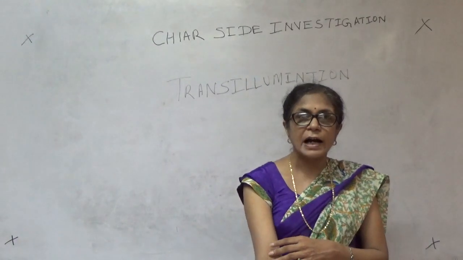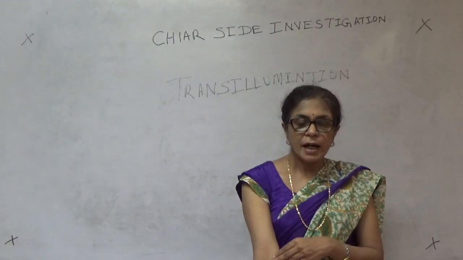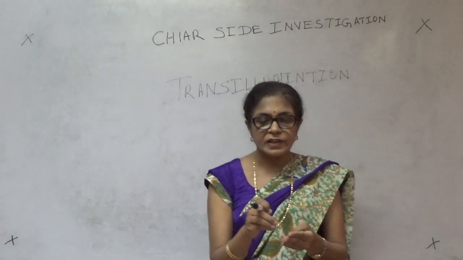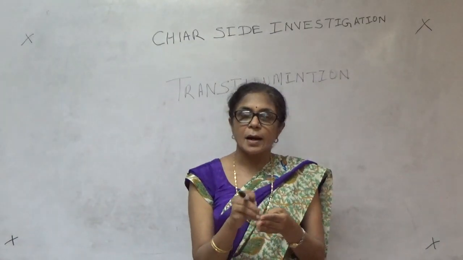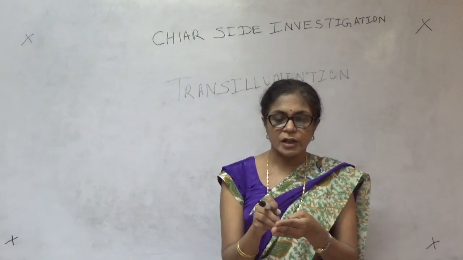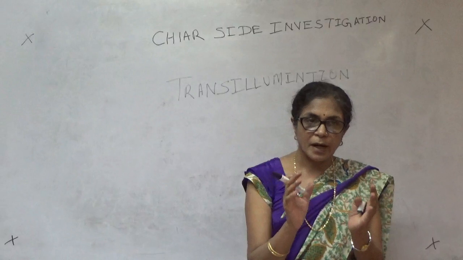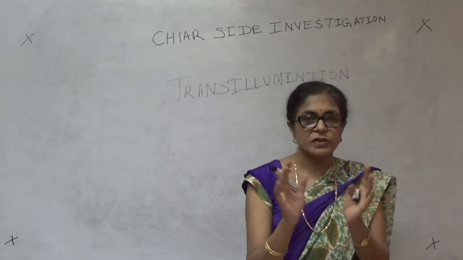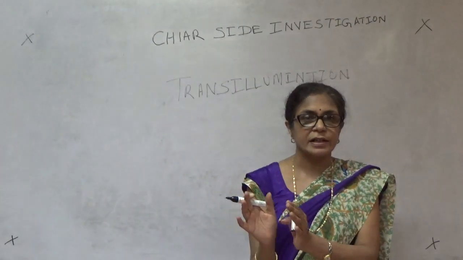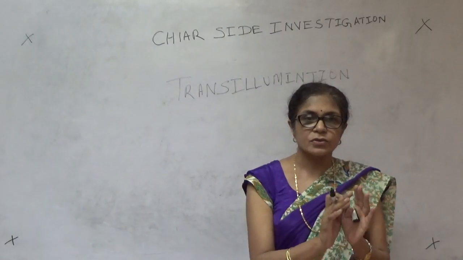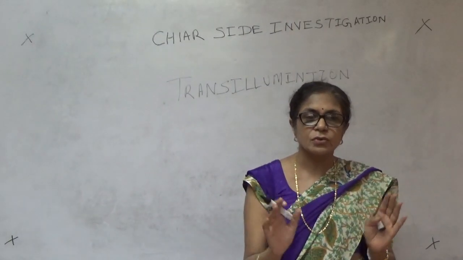Then Lugol's iodine test is also there. Lugol's iodine is retained in the squamous cells, but it is not in dysplastic or malignant cells. So by that we can see which can be a malignant area, which can be a normal area, just to detect the things to go further.